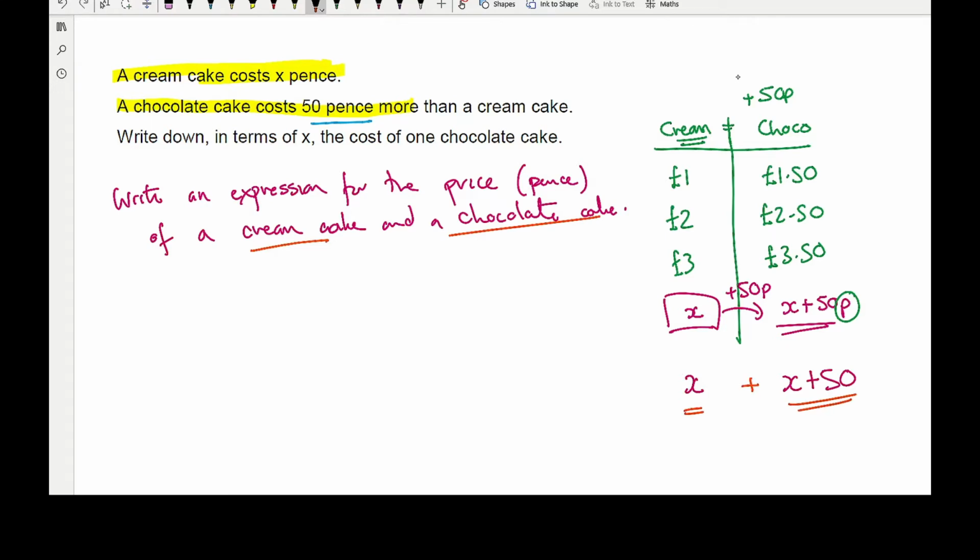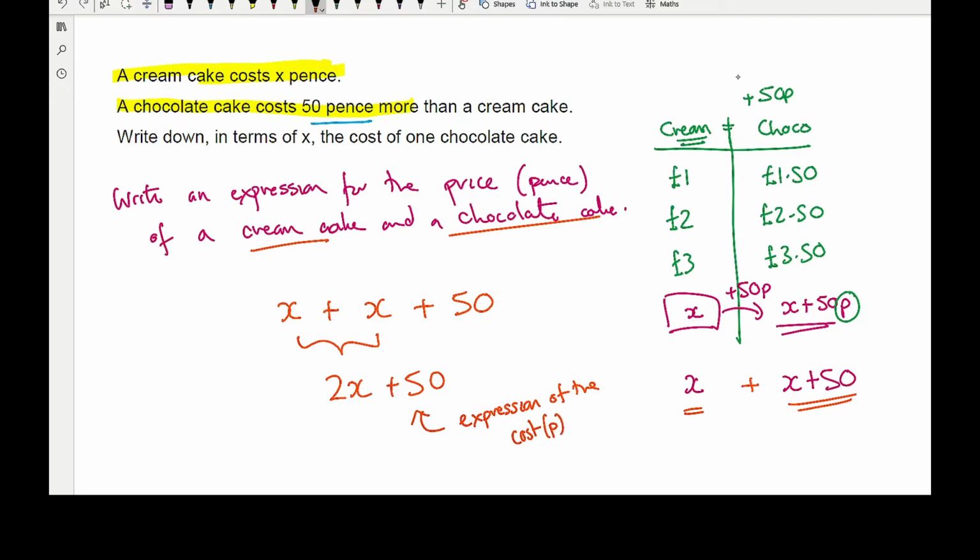So here it would be X plus X plus 50, and then I can join the two X's together to make 2X plus 50, and that would be the expression of the cost in pence of one cream and chocolate cake. And again, we'll come back to questions like this in the video.